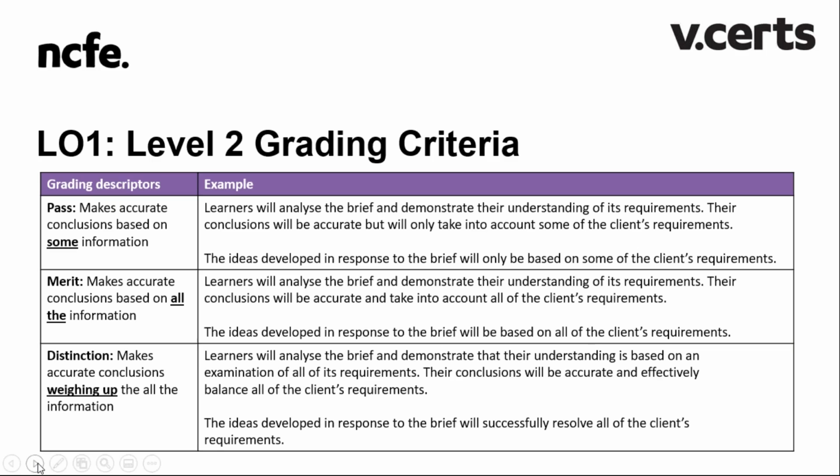So what we'd expect here, and the example column on the right gives you a little bit of context of what this might look like in the student's evidence. What we'd be expecting is for the learners to be presented with a design brief, and then they've made some interpretations and shown how they've used that information extracted from the design brief to develop their ideas.